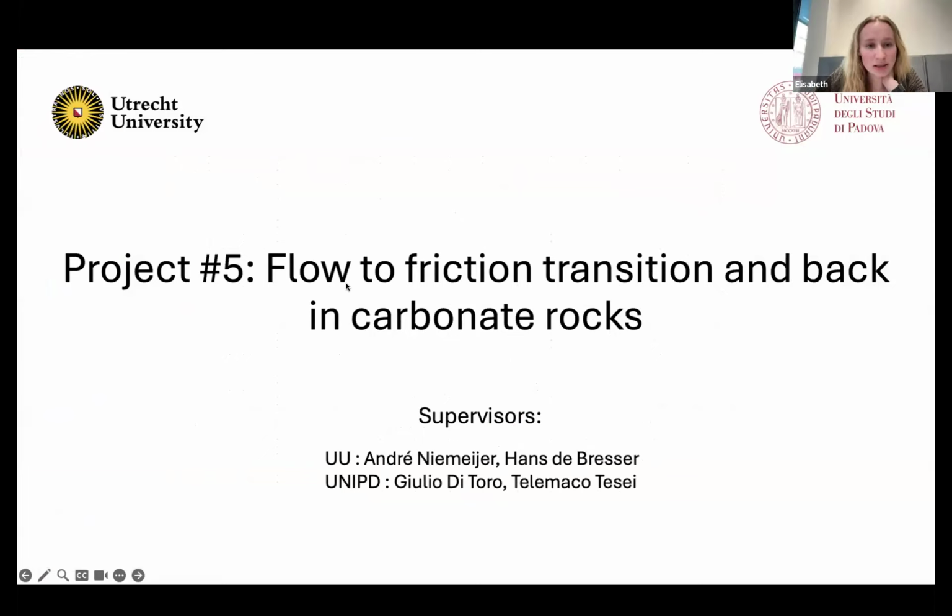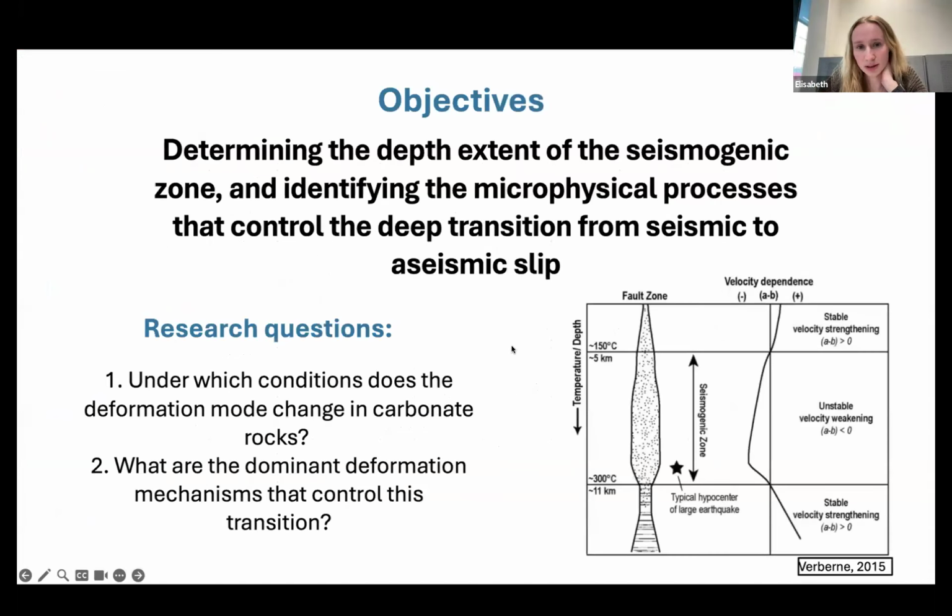My topic is, as you all already know, flow to friction transition in carbonate rocks. But I made a little recap slide so everyone's on the same page. My main objective is to determine the depth extent of the seismogenic zone and also link that to the microphysical processes that control the deep transition from seismic to aseismic slip.